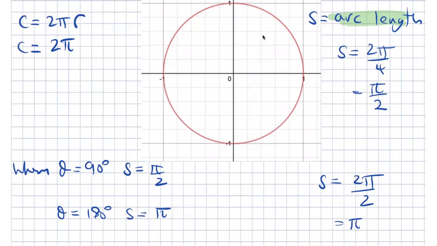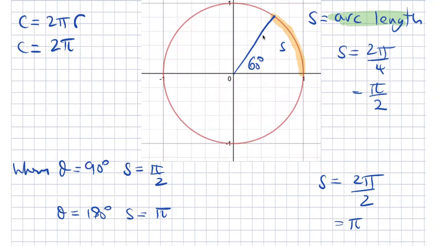So this time we'll have a look and see what about if I get an angle of 60 degrees, then what is the arc length there? What's S that we've got there? Now, 60 degrees goes into 360 6 times.